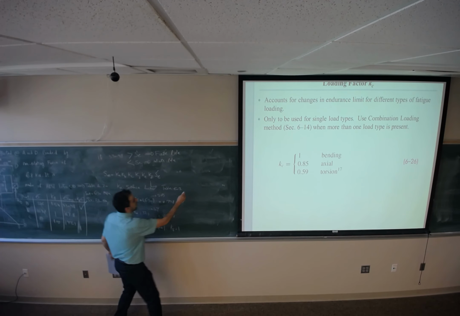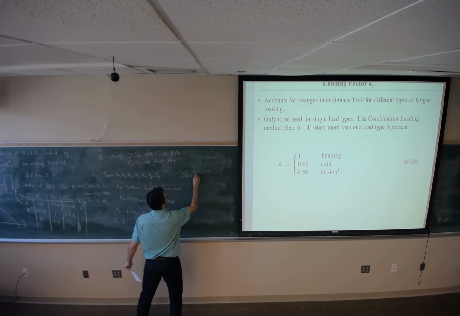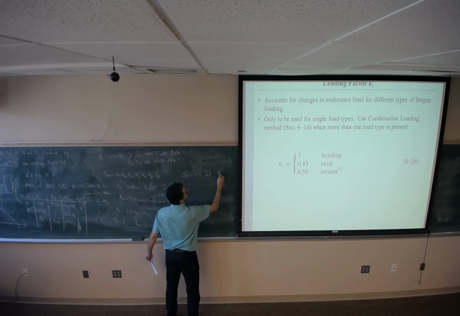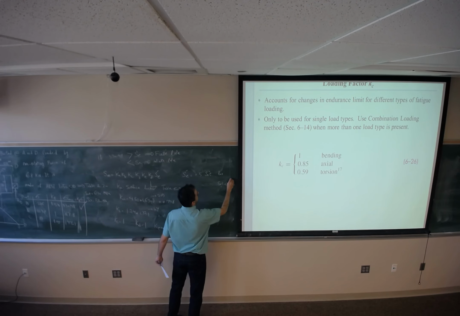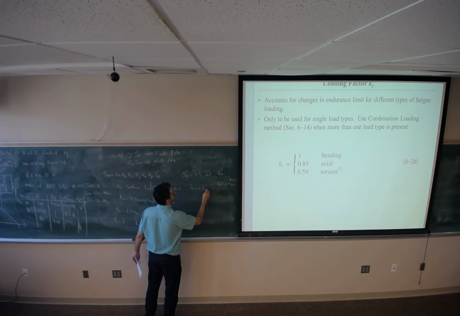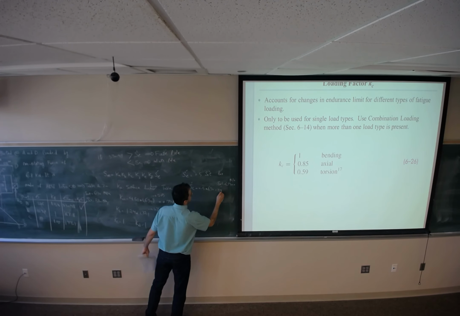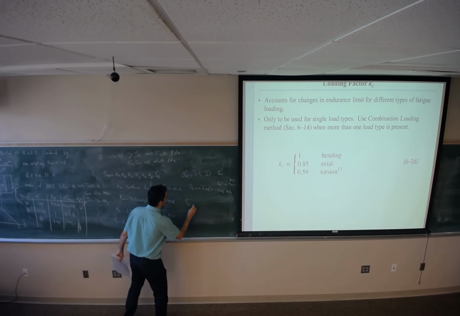Now S prime e is half of S ultimate for S ultimate less than 1400 megapascal. S prime e is going to be half of 690, which is 345 megapascal.